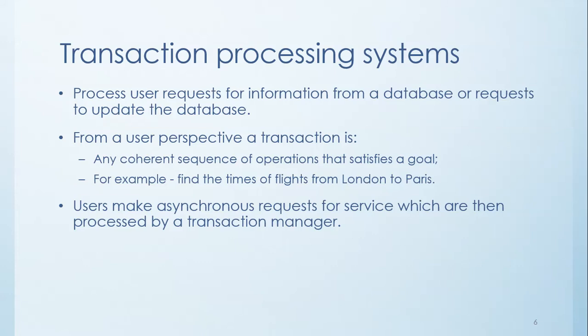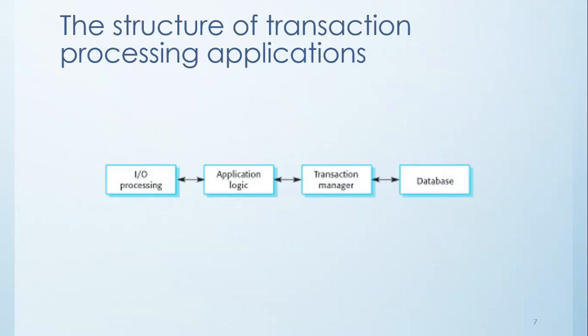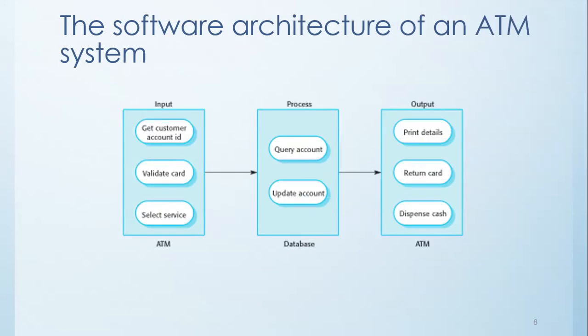Users can make asynchronous requests for service, which are then processed by a transaction manager. So here's an idea of the structure of transaction processing applications. You should have the input-output processing, some kind of application logic, the transaction manager, which in turn talks to a database.